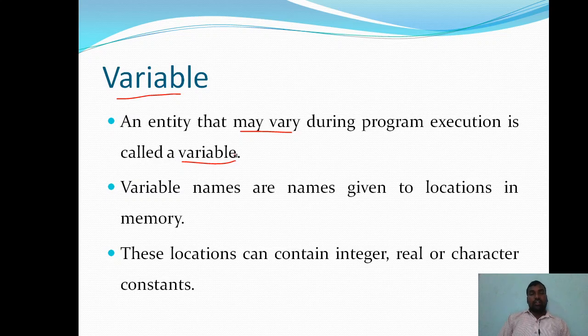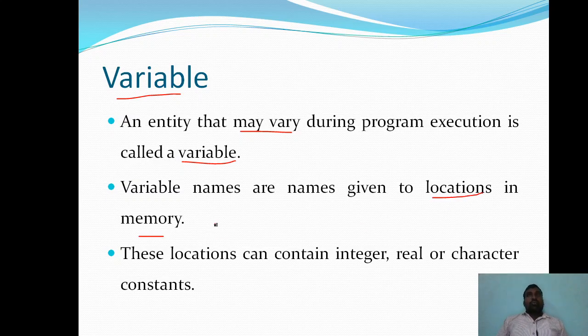These are the values that can be changed during the execution of the program. Variable names are names given to locations in memory.